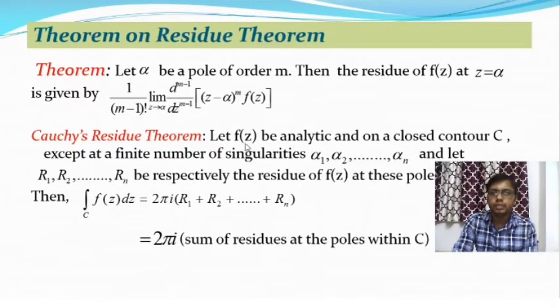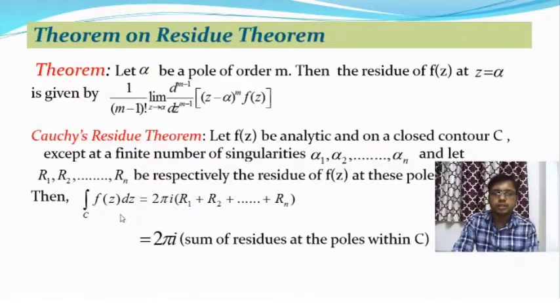Let f of z be analytic in and on a closed contour C, except at a finite number of singularities, say alpha 1, alpha 2 and up to alpha n, and let R1, R2 and up to Rn be respectively the residues of the function f of z at these poles. Then the closed integration over C, f of z dz is equal to 2 pi i into residue at the point alpha 1 plus residue at the point alpha 2 plus and up to residue at the point alpha n.